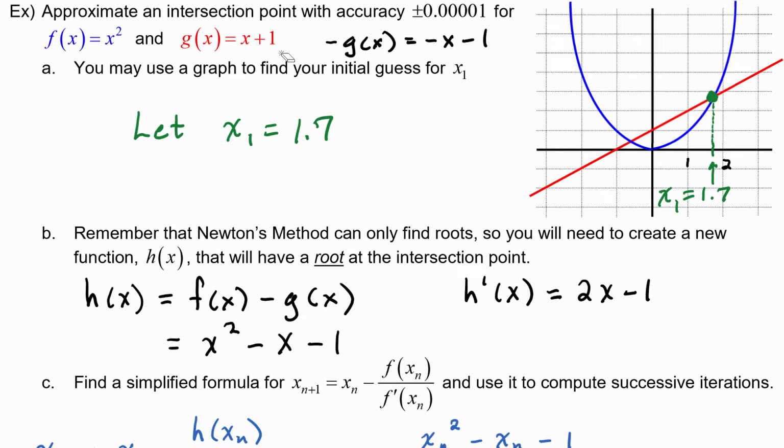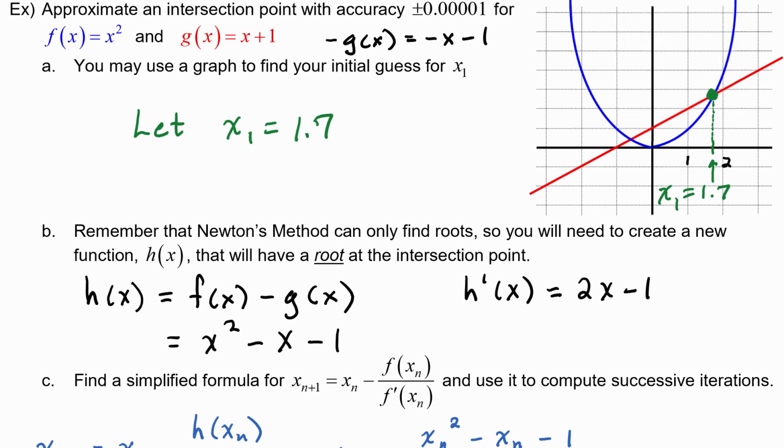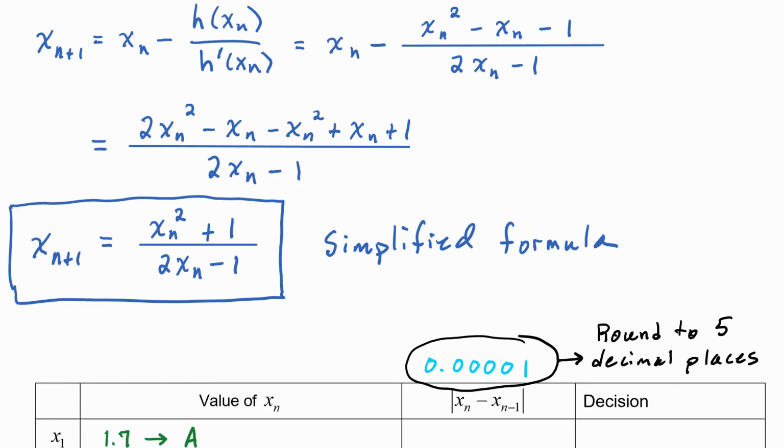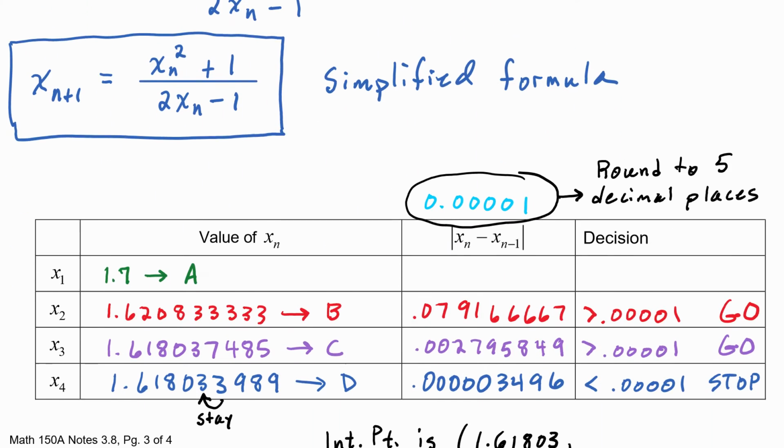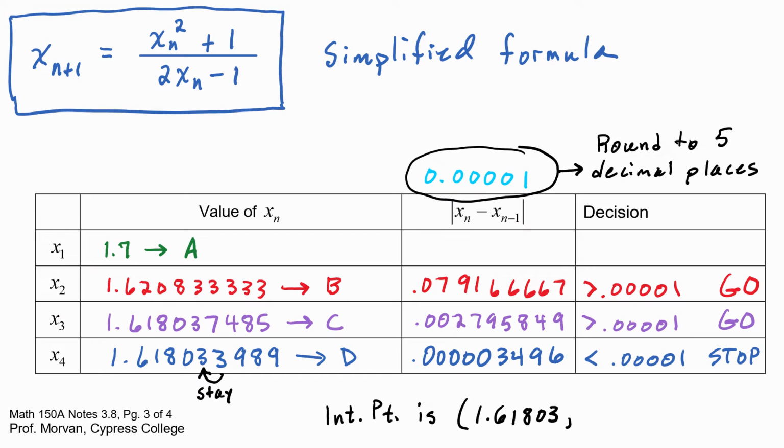It would be a lot easier to plug it into g of x and simply add 1. So when we come back down here, we see that our intersection point, if we add 1, the y value would just be 2.61803.